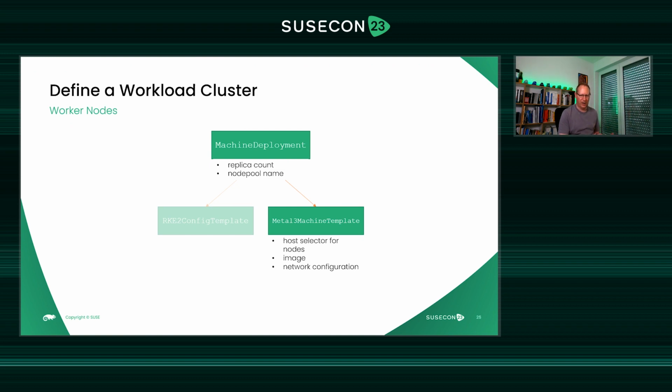Because in a practical scenario, I can imagine that I will have a relatively large pool of hardware available, and I will have some view of how that pool is structured, either by location or by hardware type. And maybe I want to compose my clusters of a particular machine type for control plane nodes, and another type of machine for worker nodes, because they may have accelerators in them that are only useful for the workload, but the control plane doesn't care about them, all that kind of stuff. Can you tell us a little bit about how that works in this context?